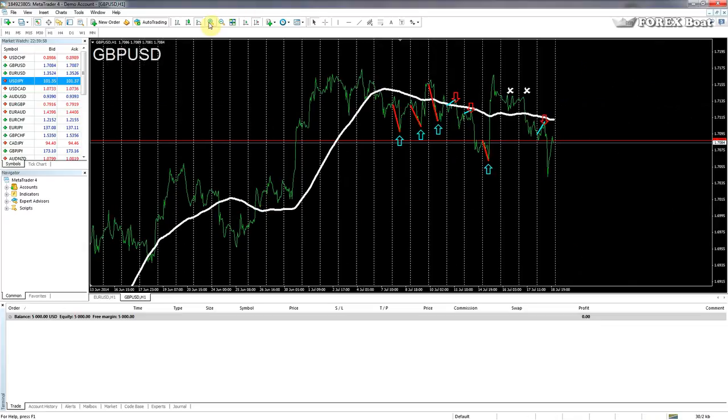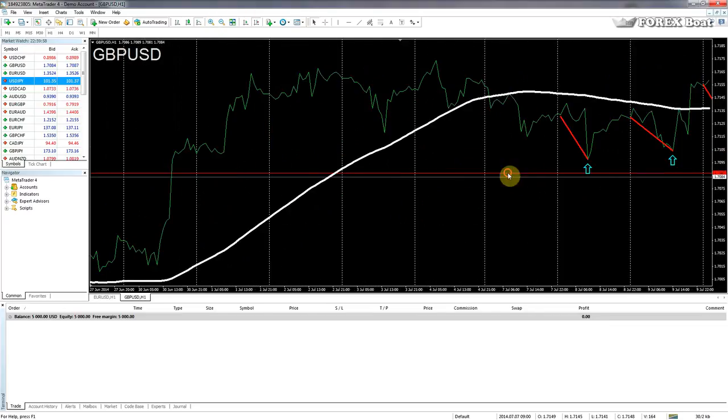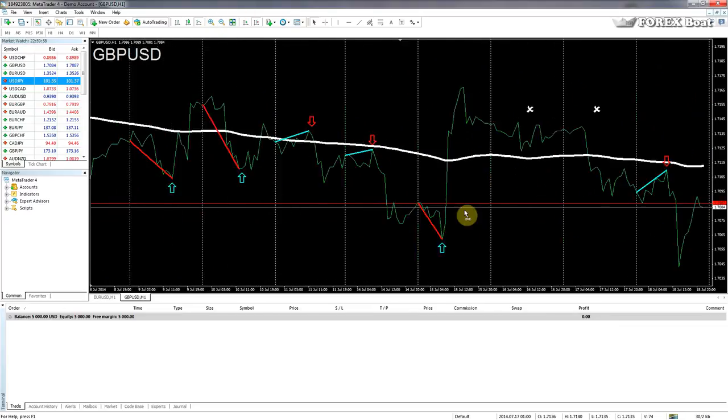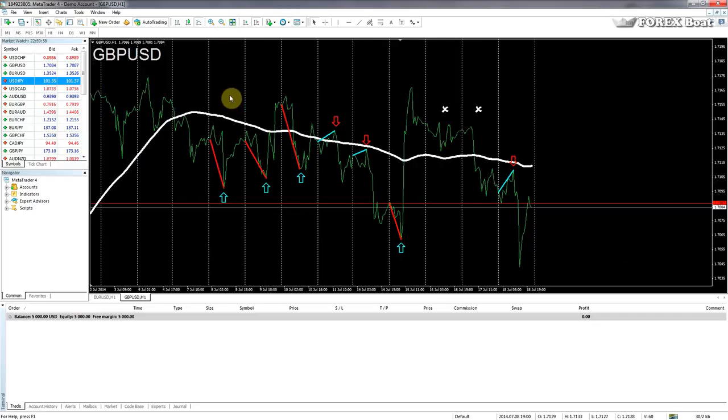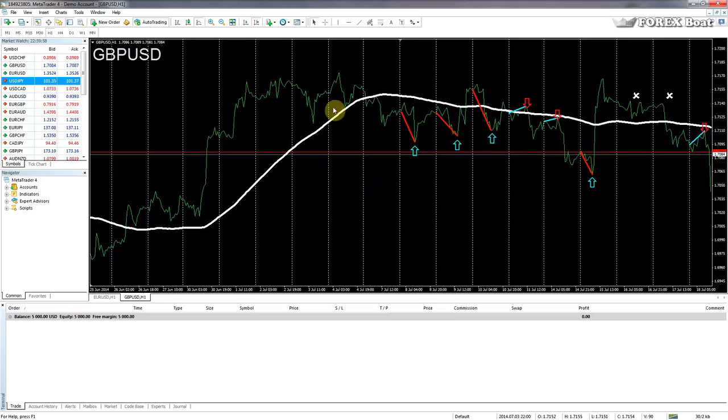However, let's see what's happening in our particular situation. In this system, these blue arrows are below the moving average, and the red ones, except for this one, are either very close to the moving average or above. What does that mean to us? That means we're actually doing the opposite of what was prescribed.